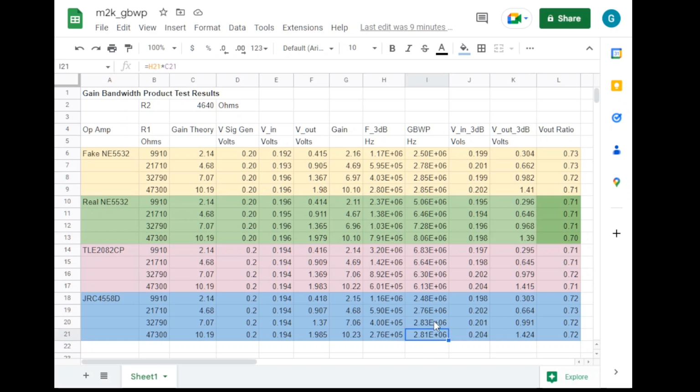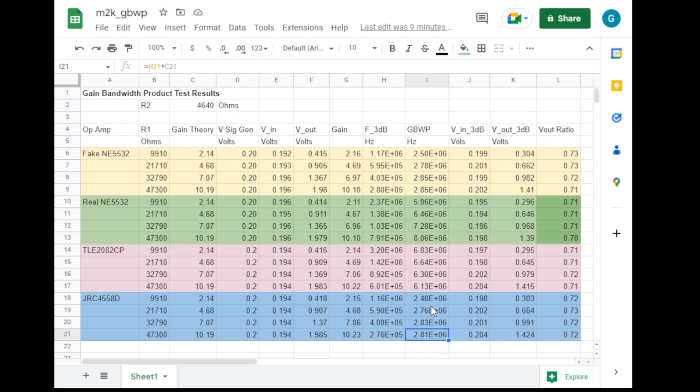I don't have any way to verify it, but I wonder if this NE5532 is actually just a remarked version of this op amp. What it is exactly, I have no way of knowing. But you can see their performances are very similar, and it might be interesting to compare their slew rates as well and see if they're a lot alike. We'll do that coming up.